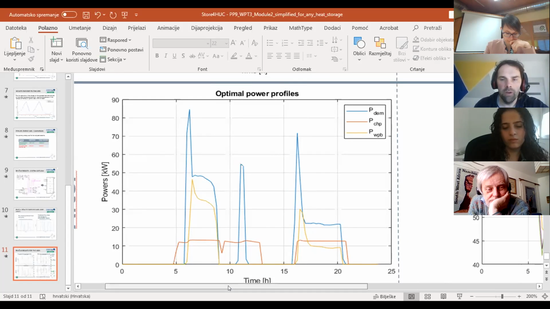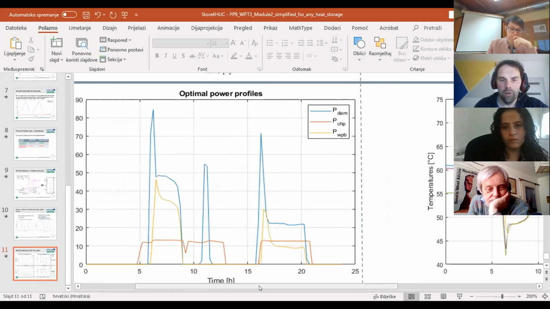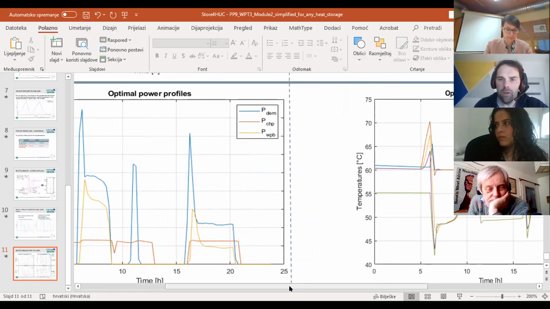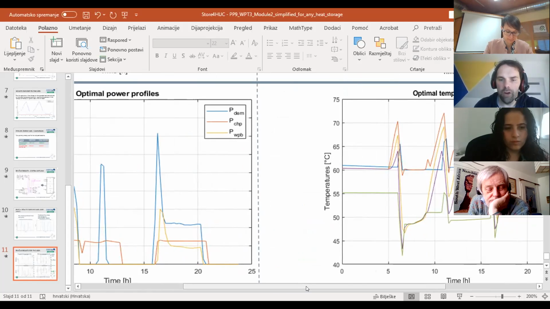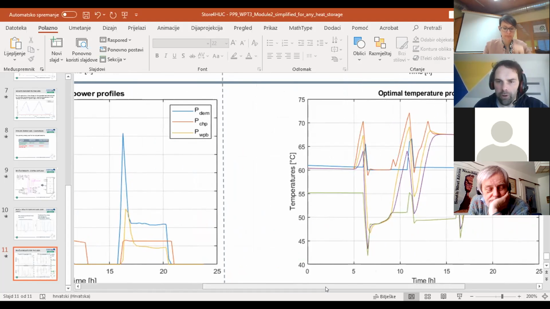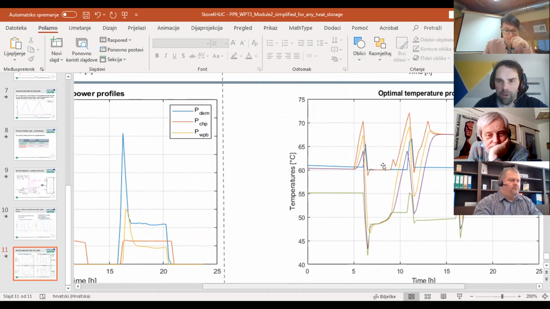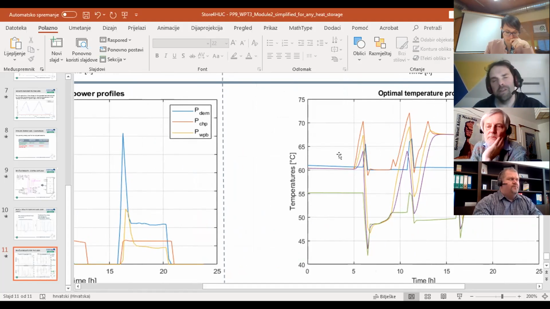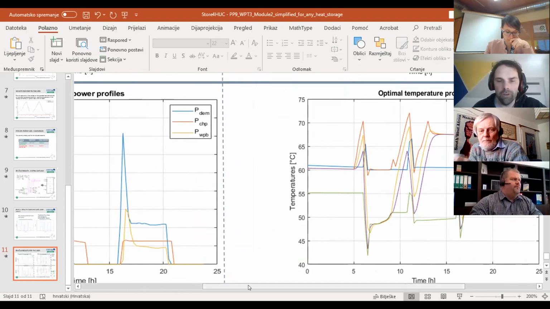But this can be done only if the temperature level T4, this purple one, is kept below a certain level. I think this level is 64 or 65 degrees. I'm not sure, but this number rings in my head.